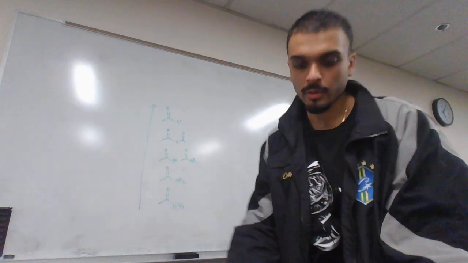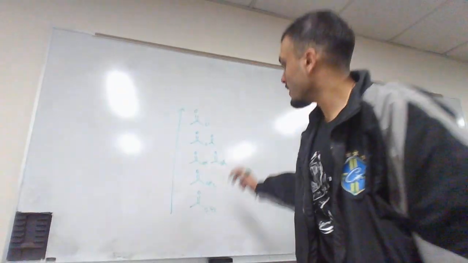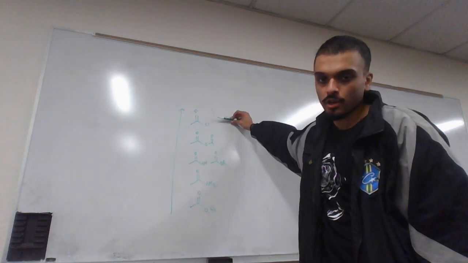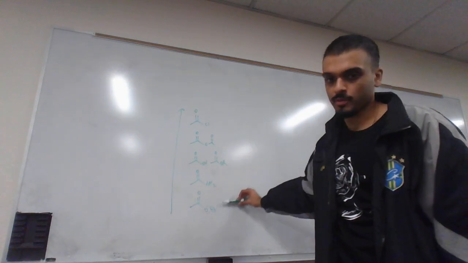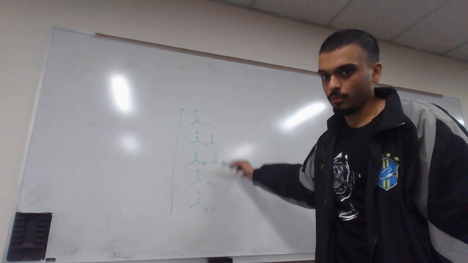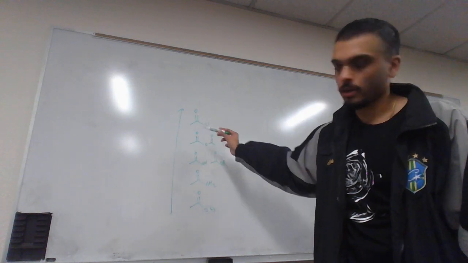Okay. So like with the last example, we had acid chloride. What that means is that it's really easy to start from an acid chloride and go to one of these things below it, but it's much harder to go from one of these things up to the acid chloride.